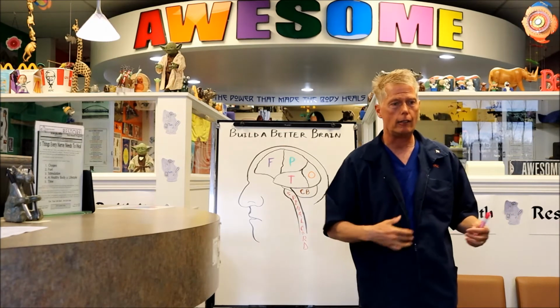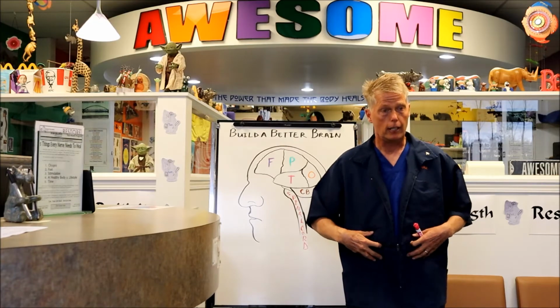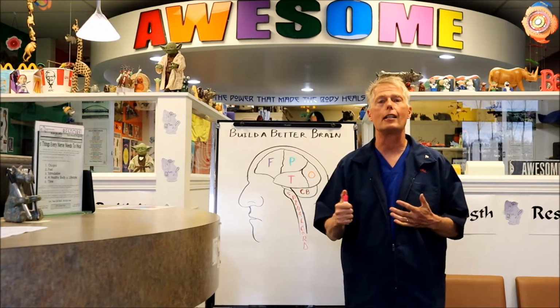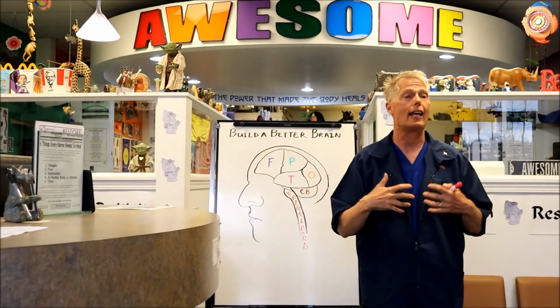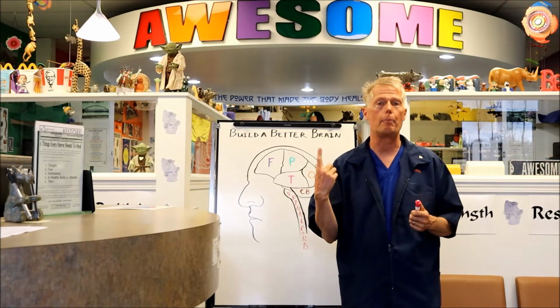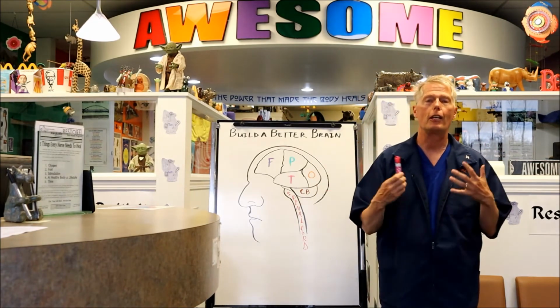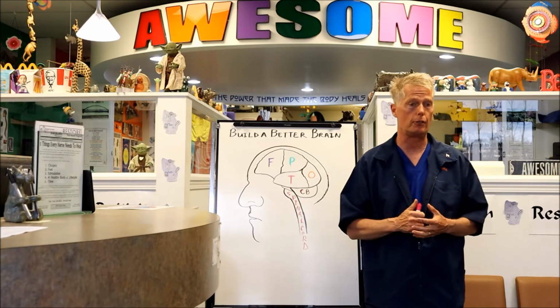Your heart is not, my intestines are not. It's the first organ in your body to get organized and be created. Your brain and your spinal cord are the first thing that happen in your body. They're protected by bone, so they must be the most important thing. That is your central nervous system.